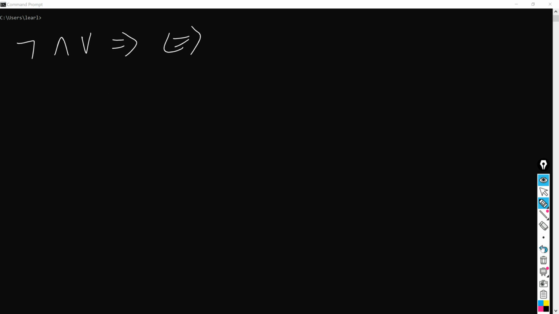Next is AND. This is used between two different logic. If both A and B are true, then this formula is true. If any of them or both of them are false, then this is false.